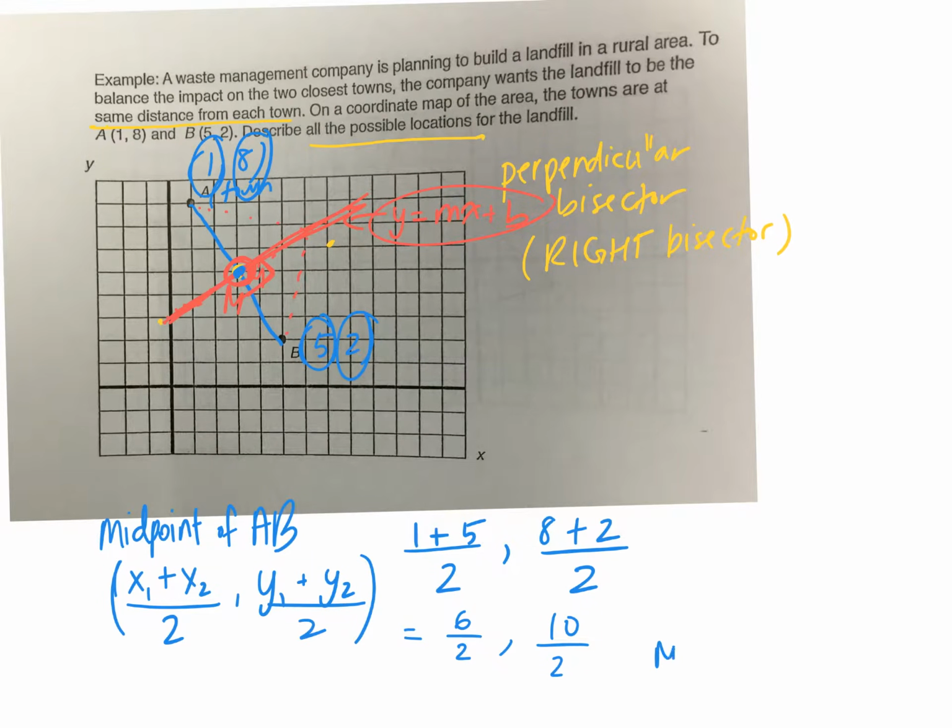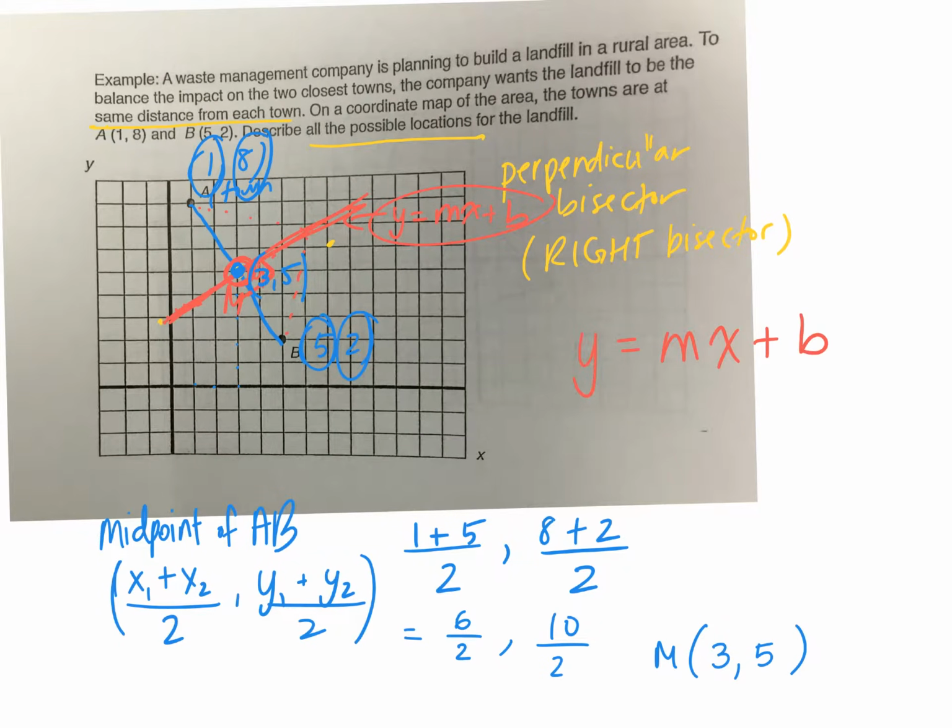So what is the midpoint? 6 divided by 2 is 3. So 3, 5, and if you look at the graph, 1, 2, 3, 1, 2, 3, 4, 5, I actually hit it right on the dot.